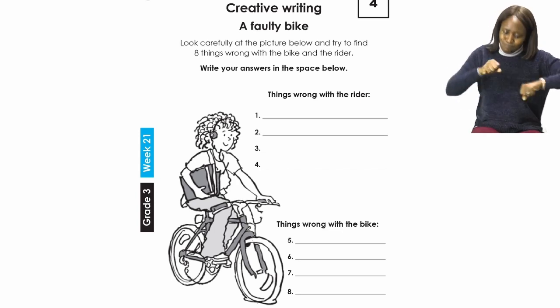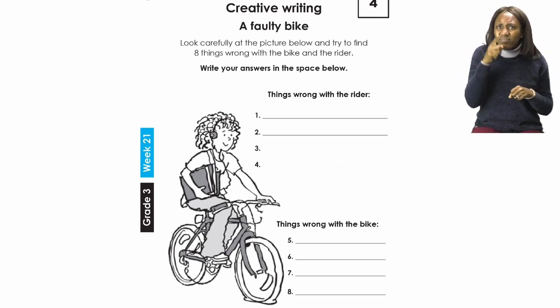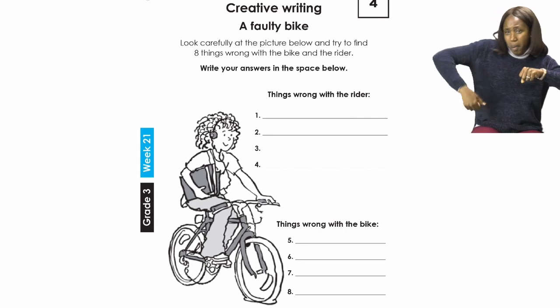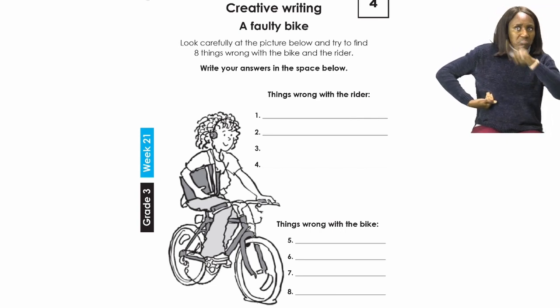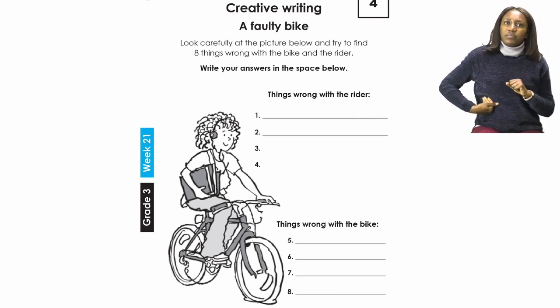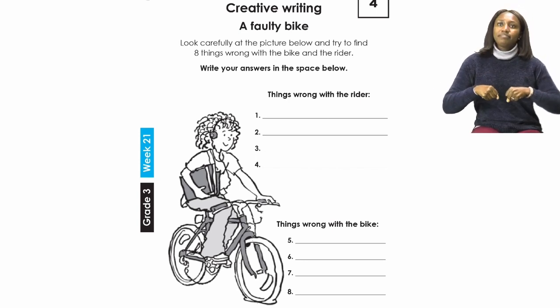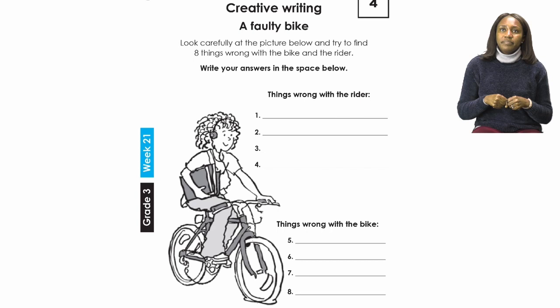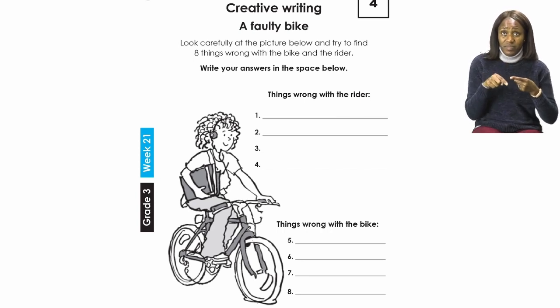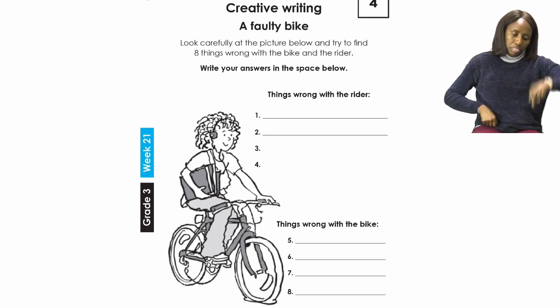So you can see that one hand is actually holding items and the other one is on the bike. Remember, you must have both hands on the bike so that the handles can steer the bike in the right direction. So that is the first thing that is wrong with the rider. Both hands are not on the bicycle.